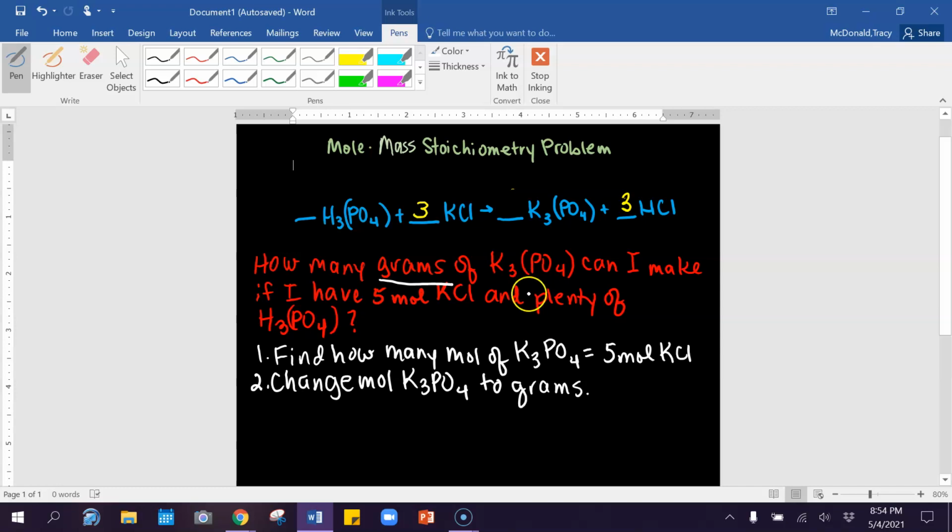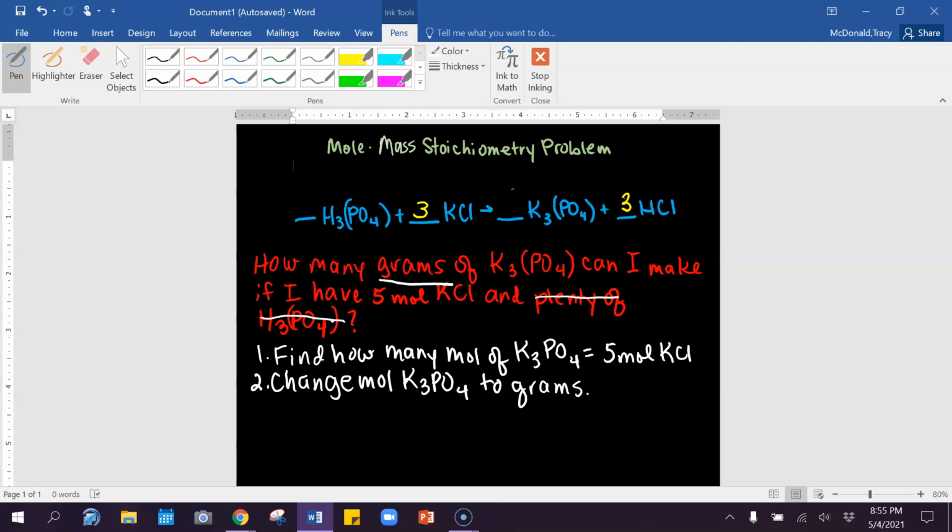Well, just like before, the part that says plenty of hydrogen phosphate really doesn't apply to us here. It will apply in some future problems, but not here, so I'm just going to go ahead and cross it out. And so in white ink, I just wrote down what our plan of attack is going to be.